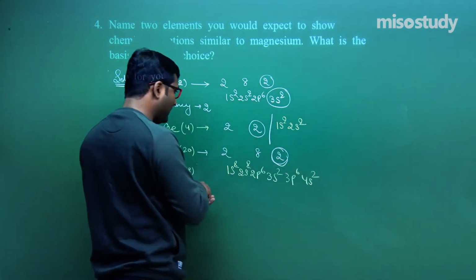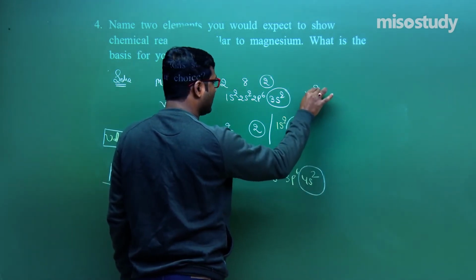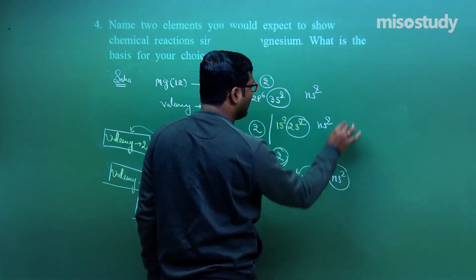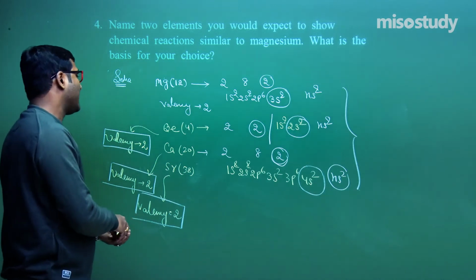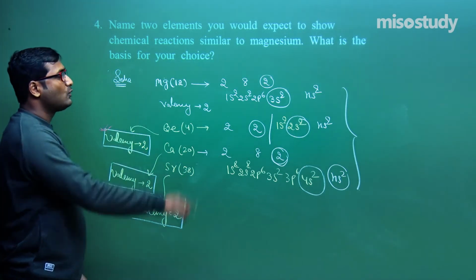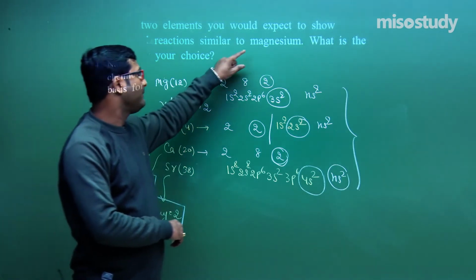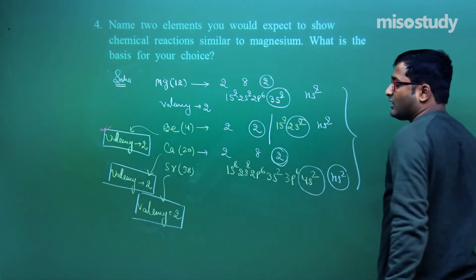In each and every case, what do we observe? The outermost electronic configuration is the same. If the outermost electronic configuration is the same, then they will have similar physical and chemical properties. So what is the basis? Here the basis is valency and similar outermost electronic configuration. So magnesium will have similar properties with beryllium, calcium, strontium and barium.